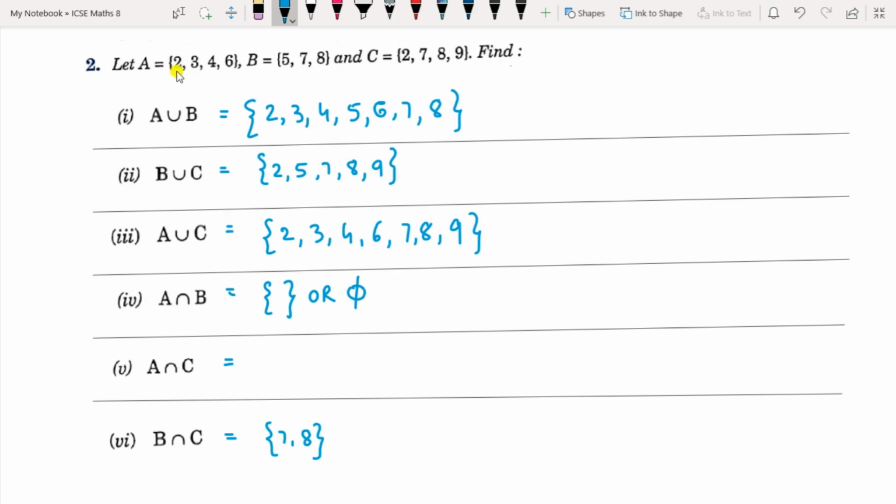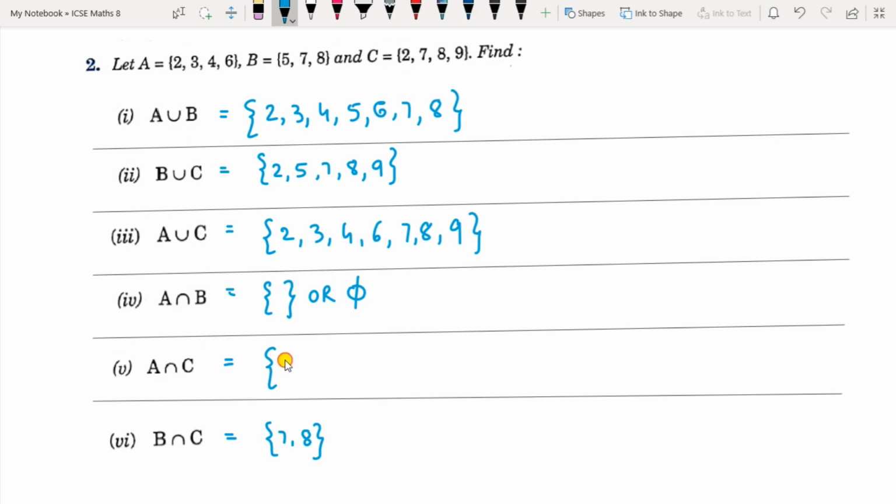Now A intersection B. You can see none of the elements is common. So it is blank or the empty set. Either of these you have to write, not both, or writing one inside the other will be wrong. Then A intersection C. Which are the elements common in A and C?